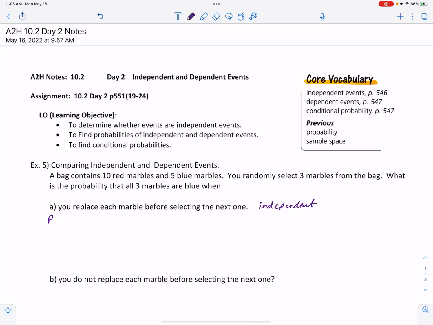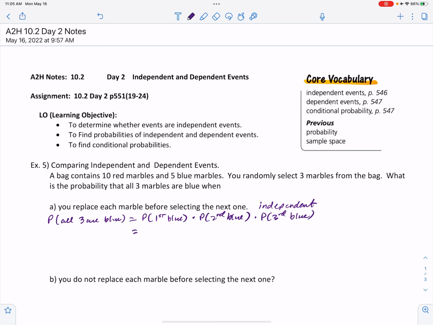And so the probability that all 3 are blue is going to be the probability that the first is blue times the probability the second is blue times the probability that the third is blue.